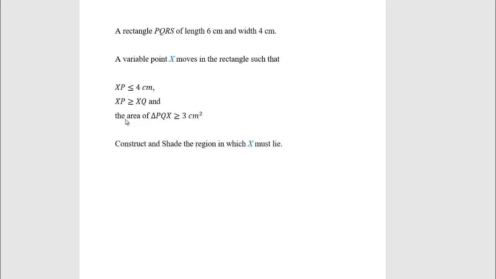We know from the basics of loci that when X is moving in such a way that the area of the triangle is fixed, then it is a parallel line at a distance equal to H, and H is 1. So we will draw a parallel line at a distance of 1 centimeter from the base PQ.